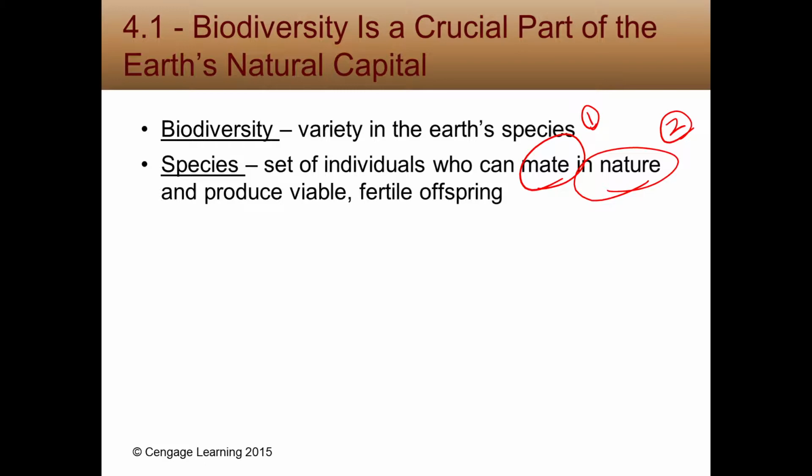So not in a zoo, not in some sort of captivity. You need to be able to make offspring that live. So viable means live. And then offspring that can reproduce.